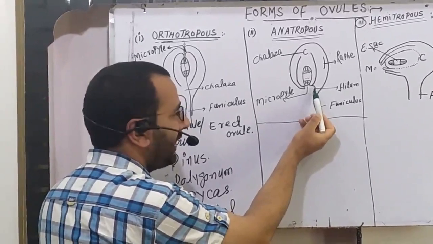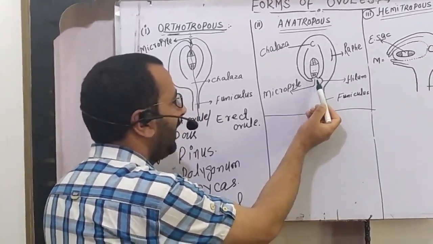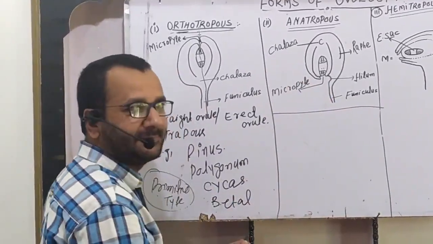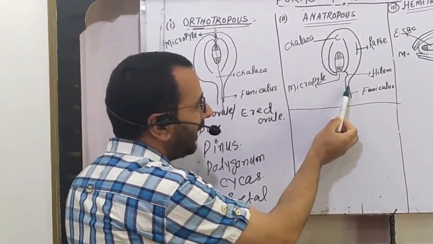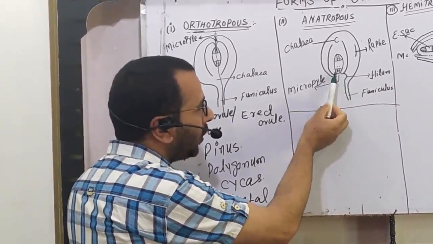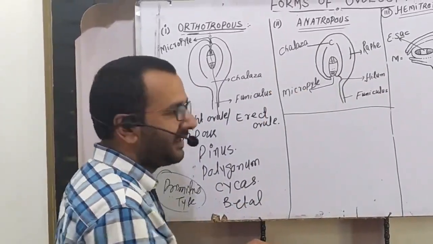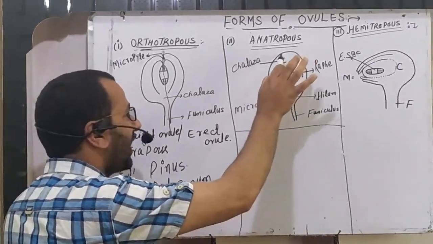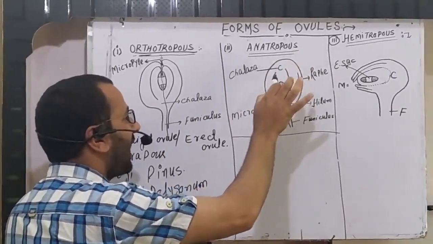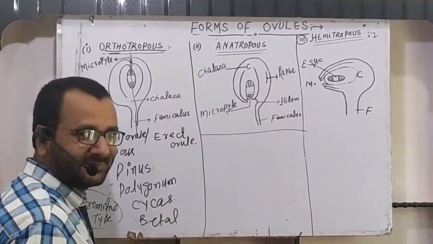This is hilum, and this is the micropyle. Micropyle, hilum, and funiculus, they lie close to each other, while the chalaza lies opposite to micropyle.